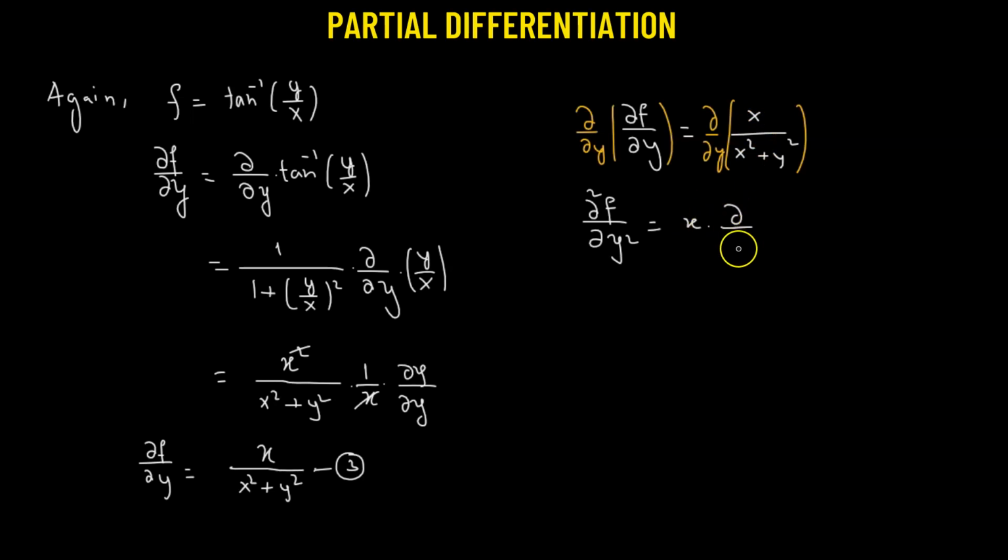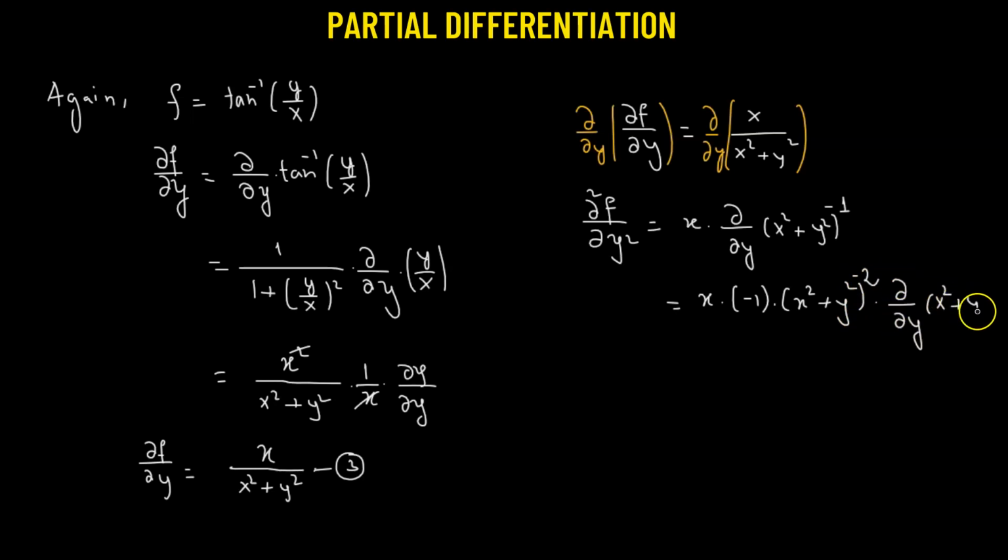So we have x times the partial with respect to y of (x squared plus y squared) raised to the power of negative 1, which will give us x multiplied by negative 1 times (x squared plus y squared) raised to the power of negative 2 times the partial with respect to y of x squared plus y squared.